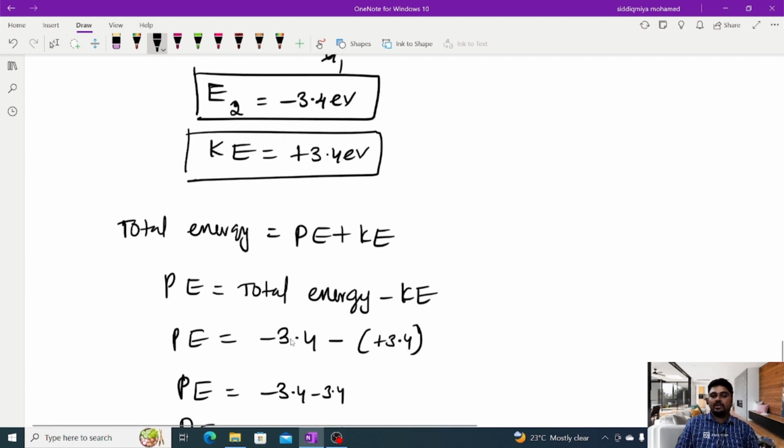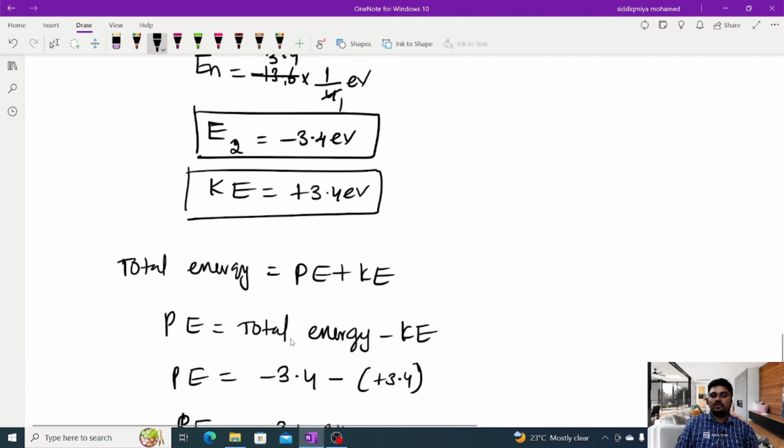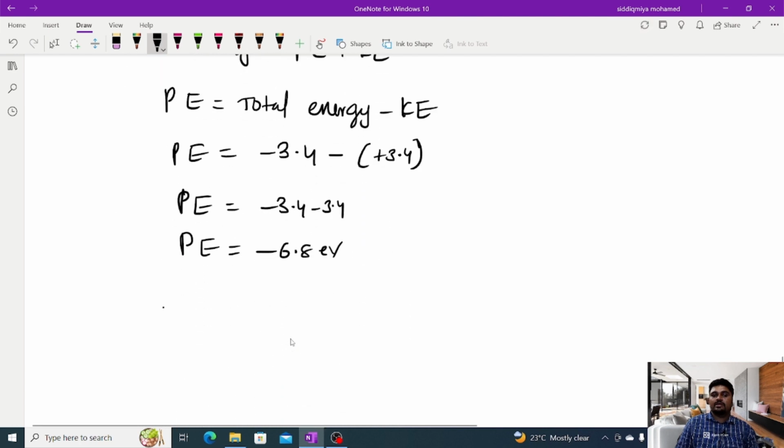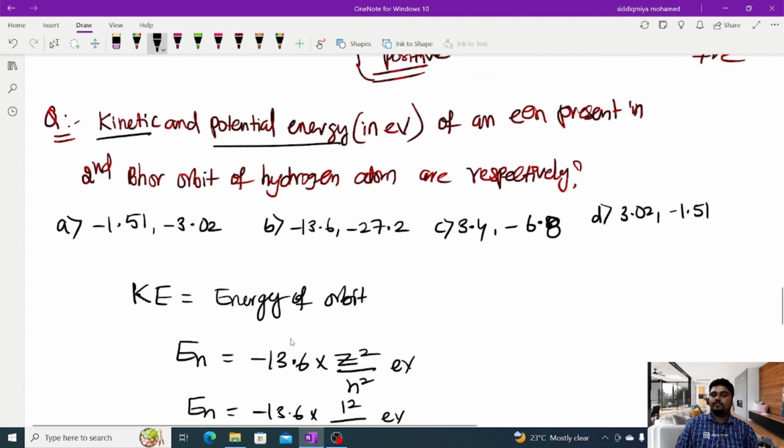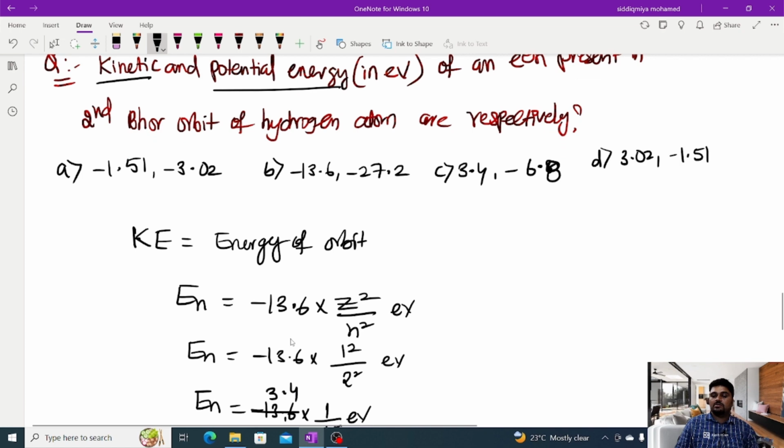So the kinetic energy is plus 3.4 eV, and the potential energy is minus 6.8 eV. So the answer is C.